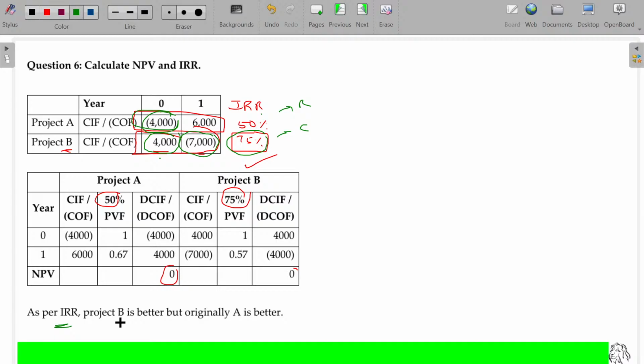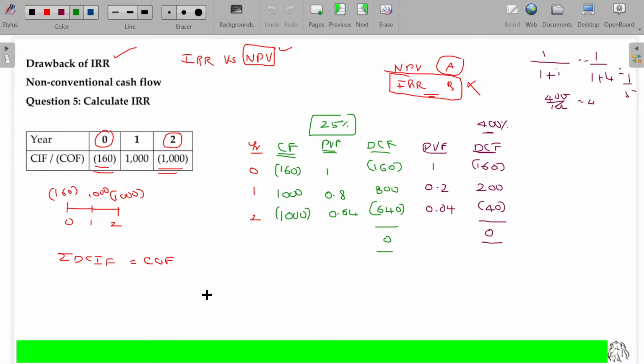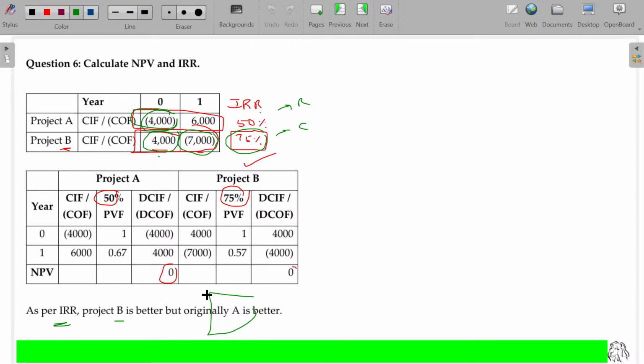So as per IRR, project B is better, but originally A is better. So in this case also, being non-conventional cash flows, we get misguided. So when we have multiple cash outflows over the tenure, you will have the multiple IRR trouble. Next one is cost and revenue mismatch. Initially there should be outflow, thereafter inflow. Only then IRR will be suitable, else we will get confused.